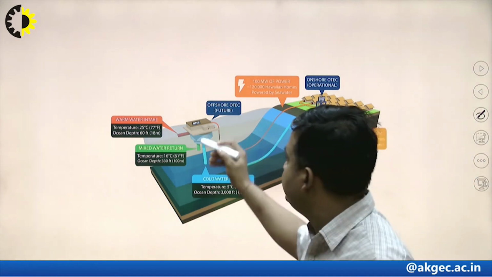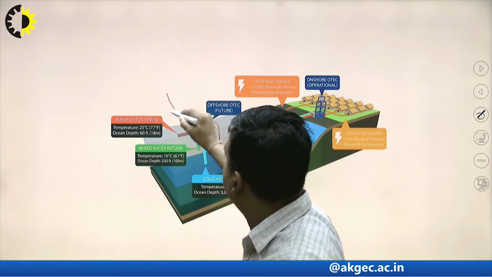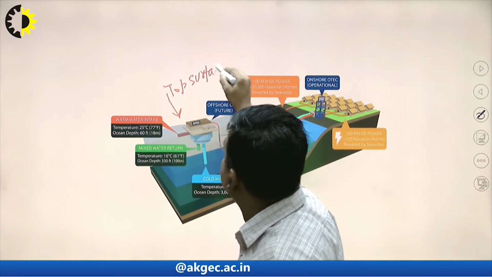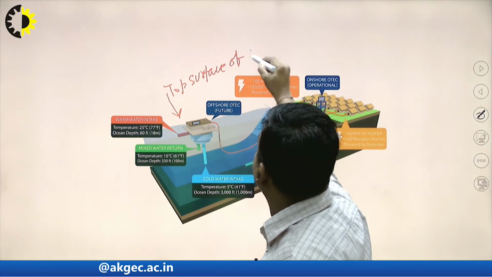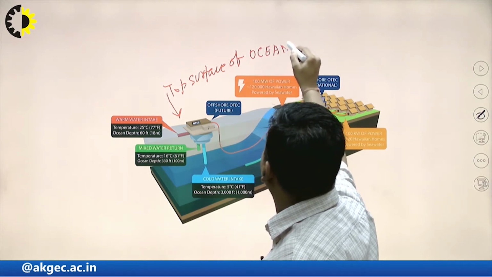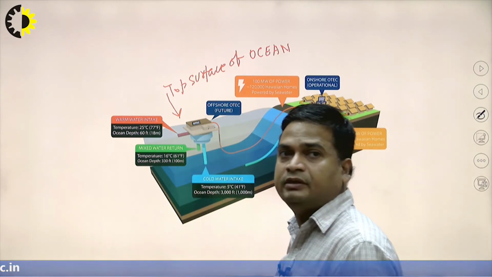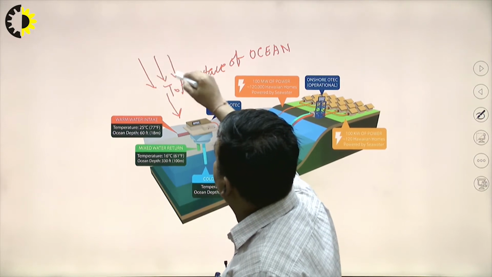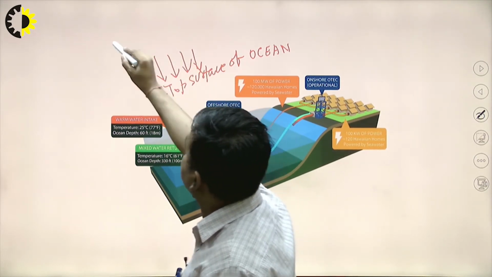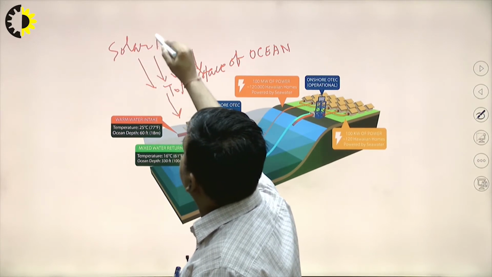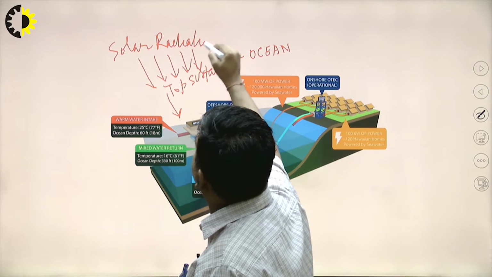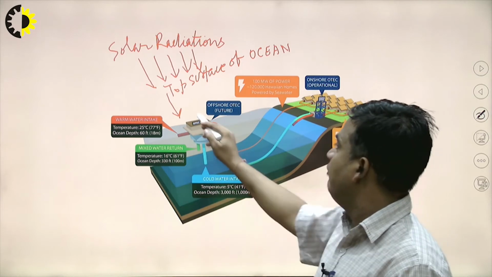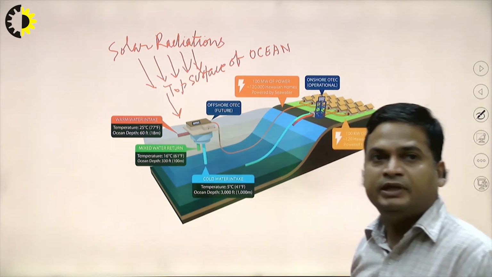So here, this is the top surface of the ocean, and solar radiations are coming from the sun and fall on this surface, and the surface of the water gets heated.